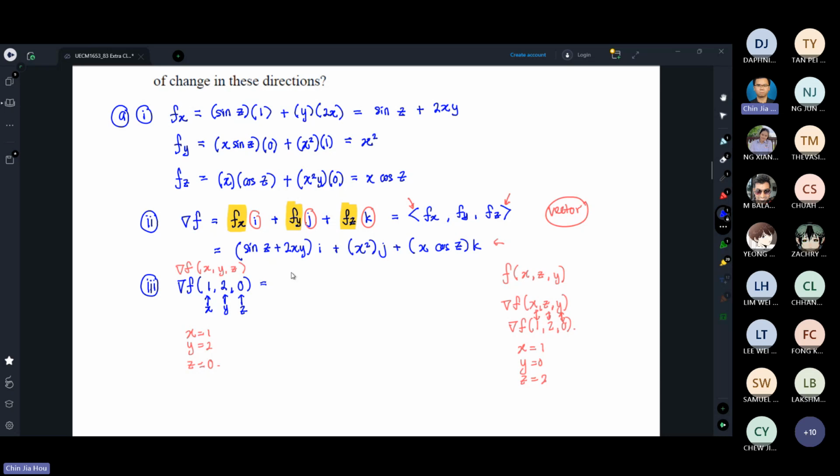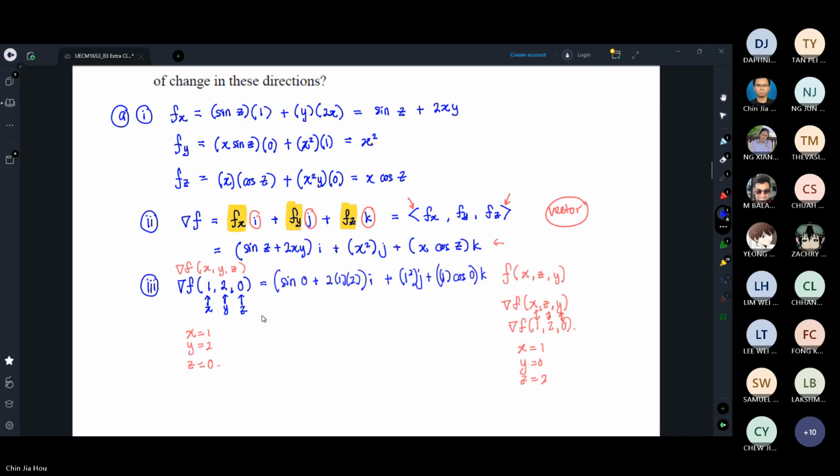So what you need to do is simply substitute these values into the gradient vector that you have found in the second part. So z is 0, so sine 0. x, y is 1 and 2. Then you have your i. Then plus, maybe I write it in another row, but no need. Just 1 squared j plus 1 multiplied with cos 0.